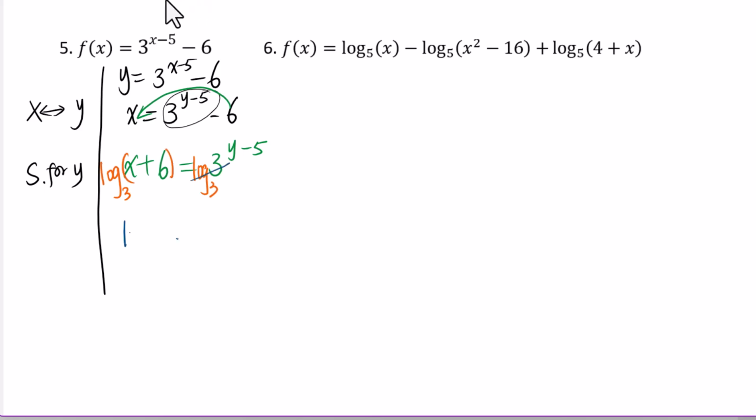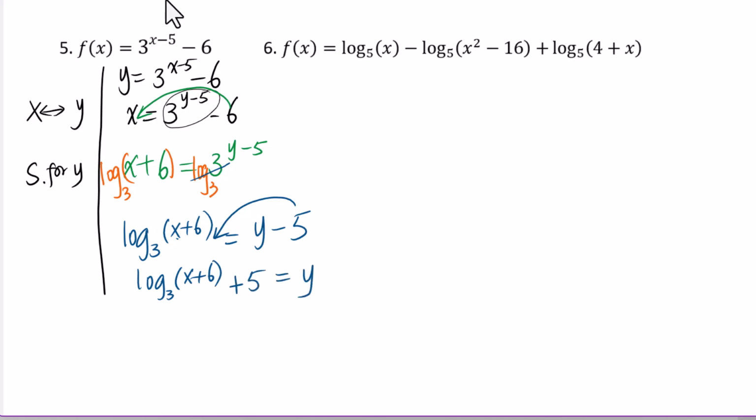Then we get log base 3 of x plus 6 equals y minus 5. Add 5 both sides. Log base 3 of x plus 6, plus 5 equals y.